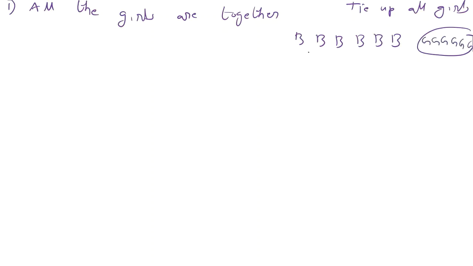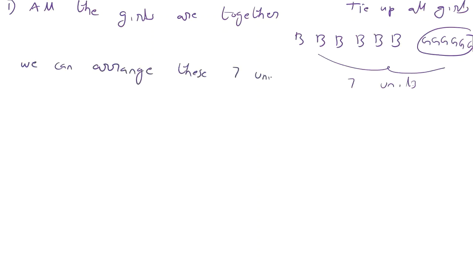So on the whole we have 7 units. 7 units of people. So these 7 units of people comprise 6 individual boys and 1 unit of girls. Now we can arrange these 12 people, in the sense we can arrange these 7 units in 7 factorial ways.